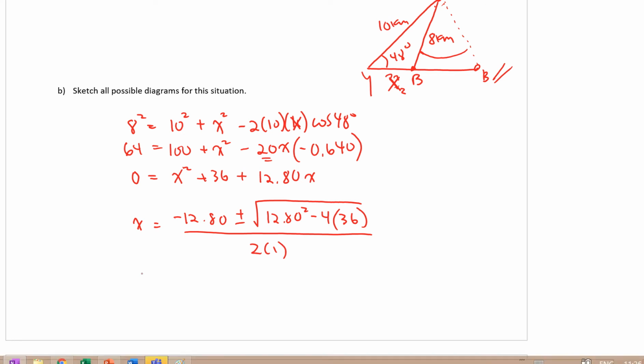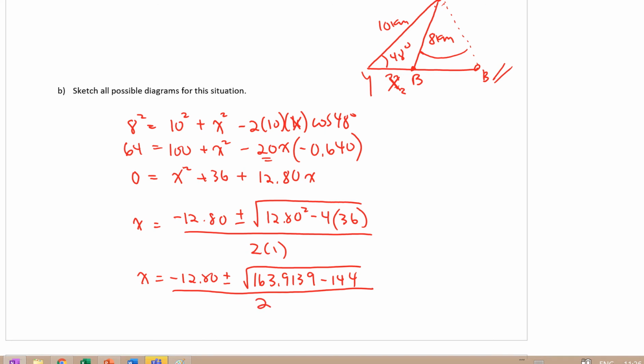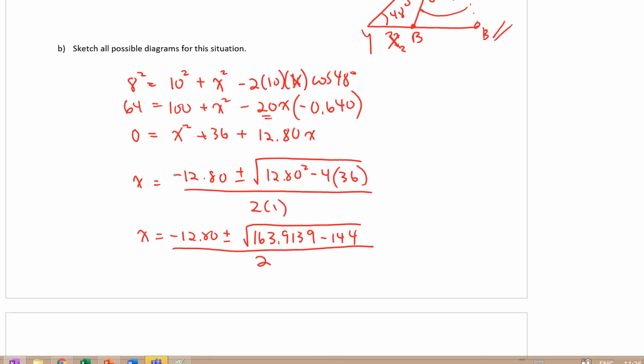So this equals negative 12.80 plus or minus the square root of, and 12.80 squared, I'll just do this quickly, is 163.9139 minus 144, all over 2. So 163.9139 minus 144 gives me 19-ish. So x equals 2.